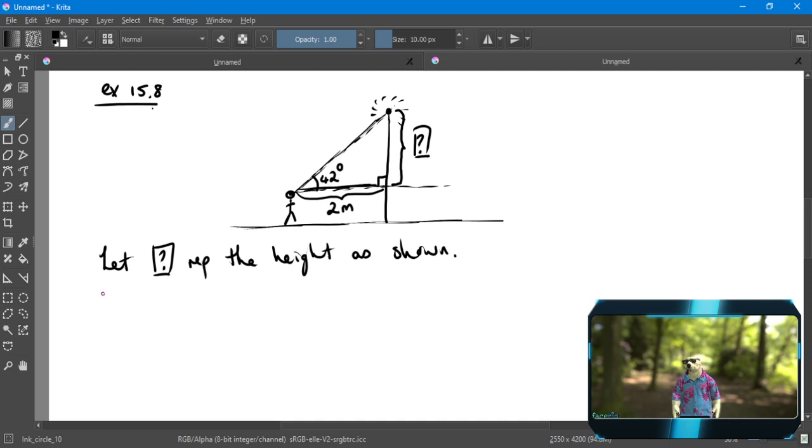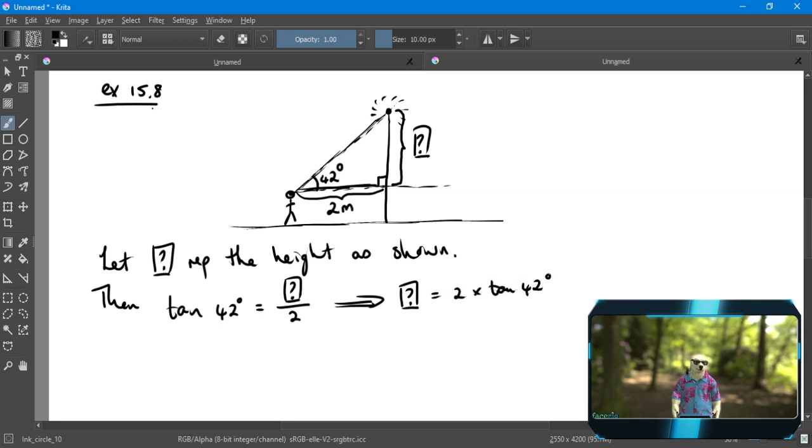So now, given the information, I have a 42 degrees angle here. I have an adjacent side. I'm interested in the opposite side, so it's going to be tan again. You'll see that for many of these tan features, but it depends on what I have. Opposite over adjacent, and that then means, like before, question mark in a box is 2 times tan of 42 degrees.